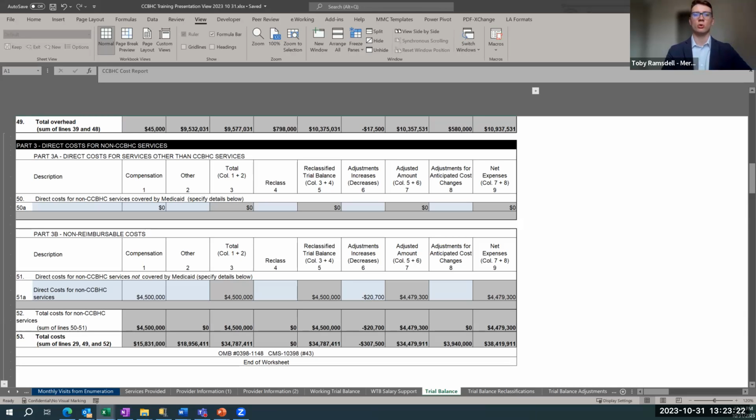So when you look through the cost report template, you won't see the working trial balance, the salary support schedule, or this monthly enumeration schedule. Those will all be examples of supporting documentation that you use outside of the trial balance to prepare your cost report. And you should submit those work papers to the state as a part of the required documentation to support the cost report. So I hope that helps.